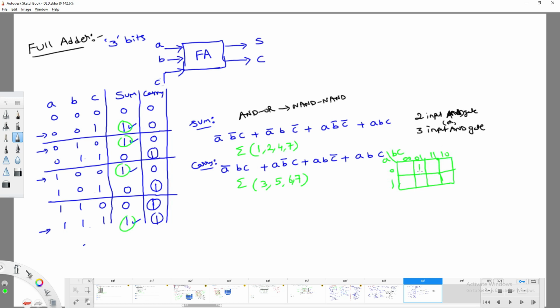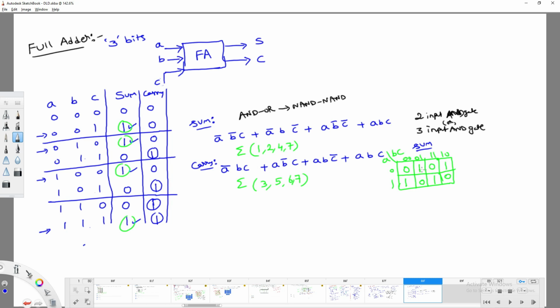So 1 and 2, this is 4 and 7. All the remaining are zeros. So this is the K map for sum.